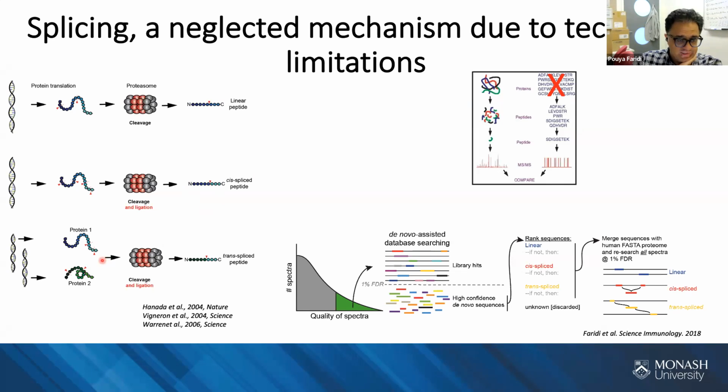And then there was another paper which showed that it can do cutting for two different proteins and paste two segments from two different proteins, which is called a trans-spliced peptide. So it makes the repertoire of MHC peptides, or immunopeptidome, much more complex.